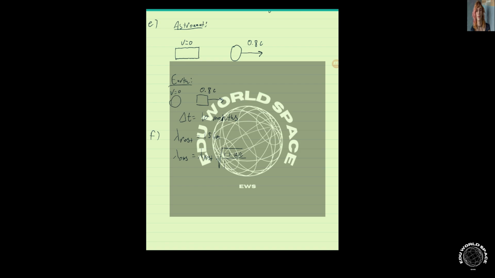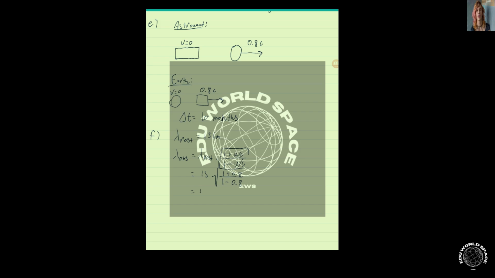So we have 1 plus u over c divided by 1 minus u over c, which gives us 15 times the square root of 1 plus 0.8 divided by 1 minus 0.8.